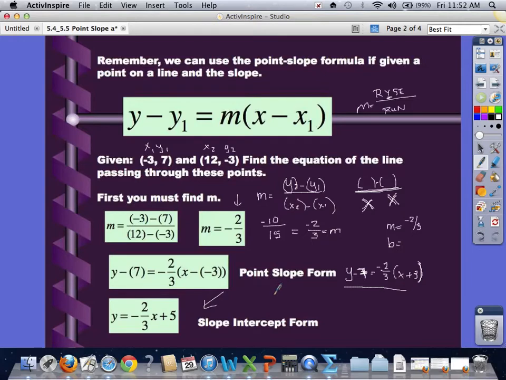y is equal to -2/3 x plus 5. And then you can easily see in this particular form that it's going to cross and b is going to be 5. So you can graph it that way. But we're also going to be learning how to graph using the point slope form itself. It's a pretty interesting way to do it. You may like it a lot. Once you have it in this form, you don't have to do anything.